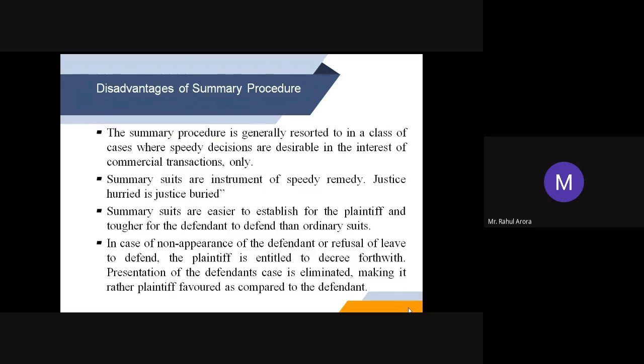Next, summary suits are an instrument of speedy remedy, and justice hurried is justice buried. So, my dear students, as the court may hurriedly decide the case, it may bury the justice also. So, these are certain disadvantages of summary procedure.